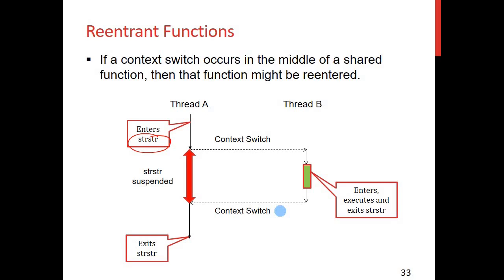So if I'm in the middle of a shared library or shared function that is used across multiple tasks, those functions must be able to handle this without corrupting any data for the different callers.